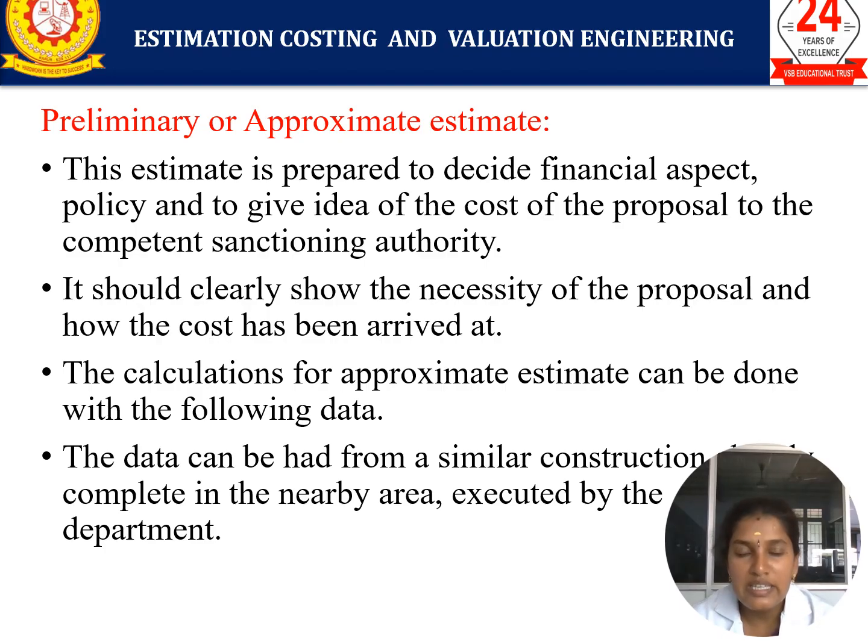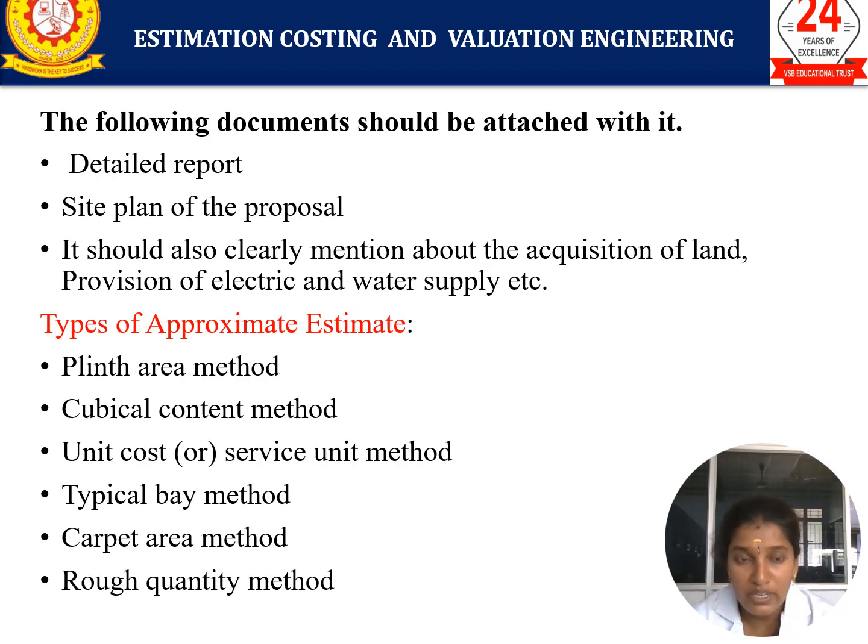I am explaining each and everything in a figure. These are some more points related to the preliminary and other estimates. This document should be attached with the detailed report and the site plan for the proposal; everything should be incorporated.